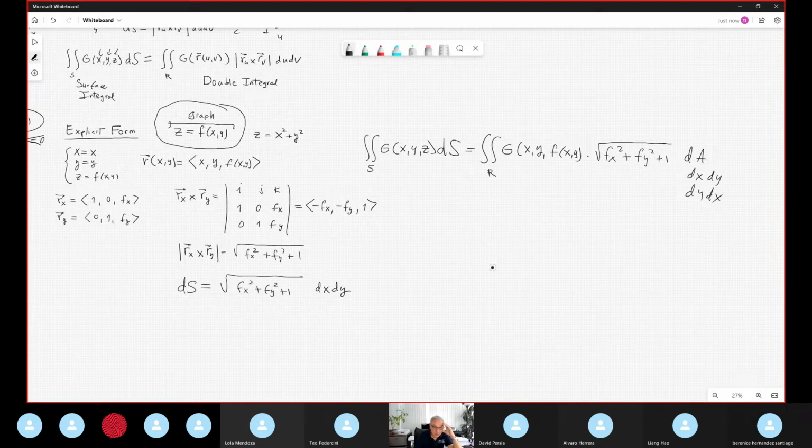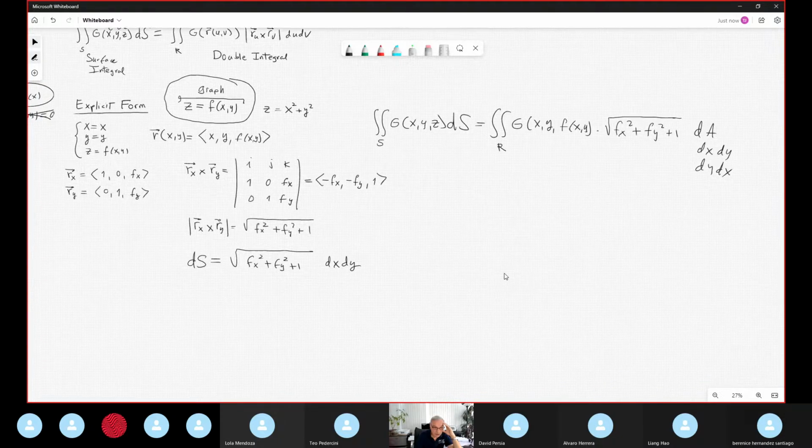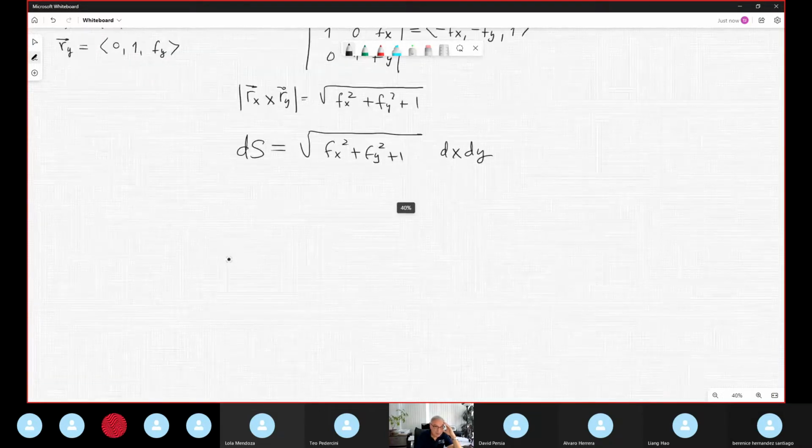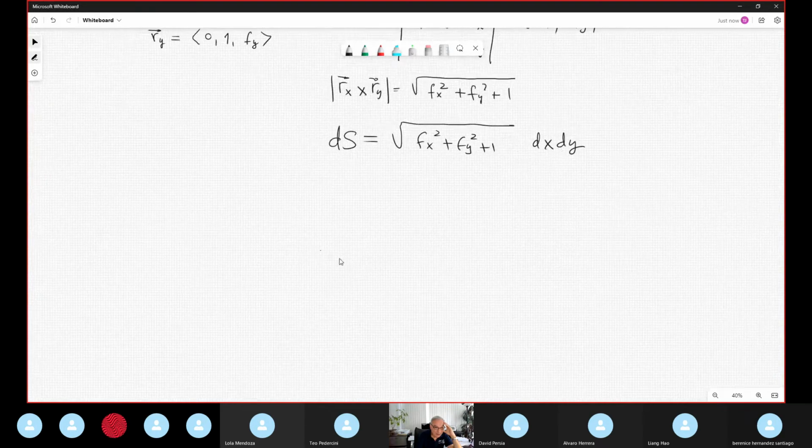Suppose the majority of the examples are like this, but in general I want to discuss other cases. Suppose you have an explicit form, but a different one: for example, you isolate y as a function of x, z, or x as a function, let me call it p, of y, z.